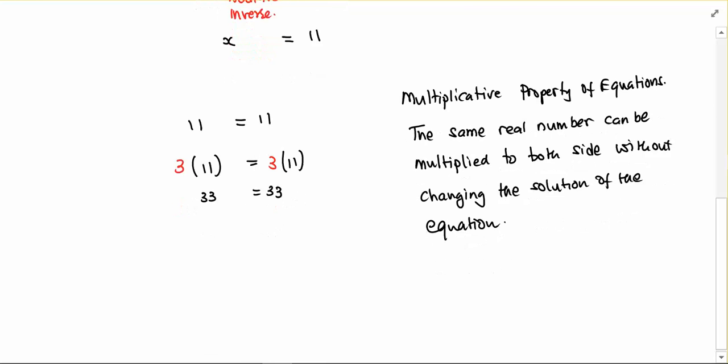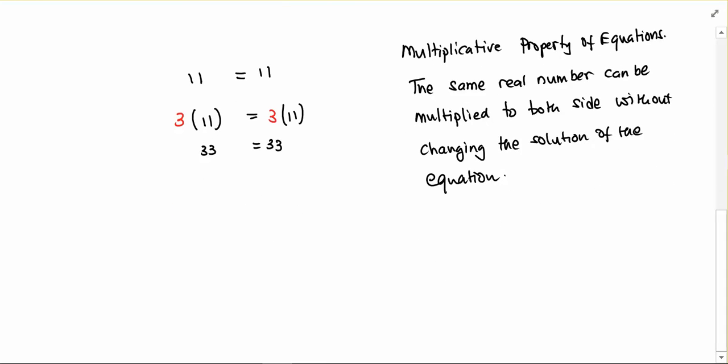Okay, so that's what we see up here on the left. Multiply by 3 makes no difference.